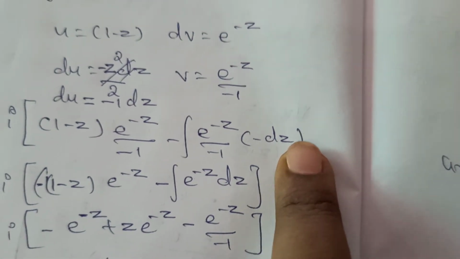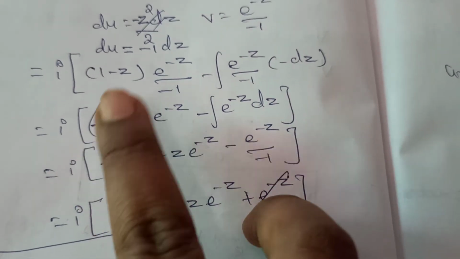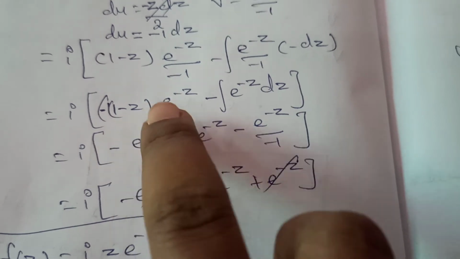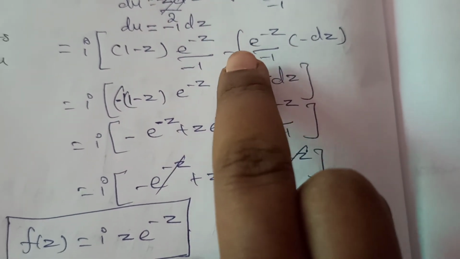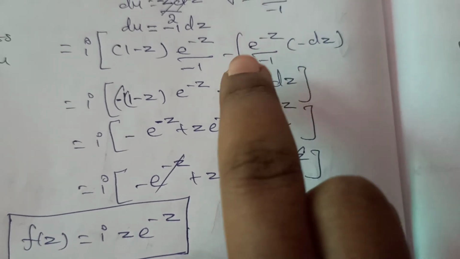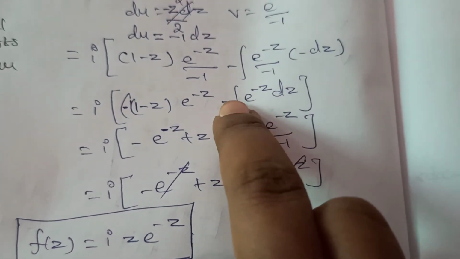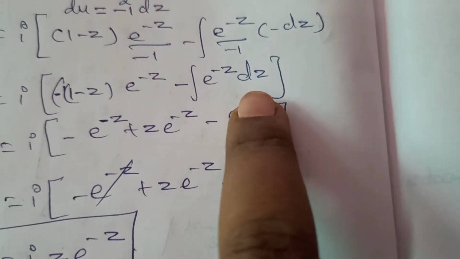Now multiplying the signs, I into, here the denominator minus, so minus into minus is plus: 1 minus z into e power minus z. Finally we write minus integration of e power minus z dz.